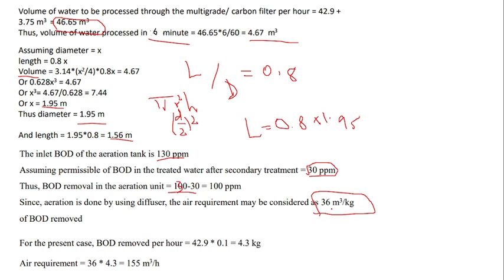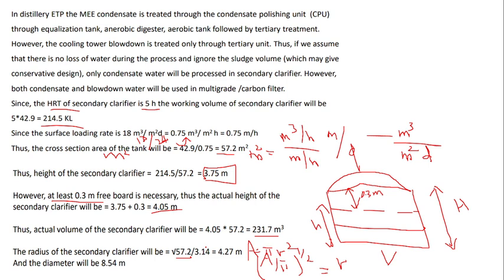Now we know that 100 ppm is removed. 100 ppm is nothing but 100 mg per liter. Okay, so we can convert it easily into kg per meter cube. So now 42.9 is our rate.